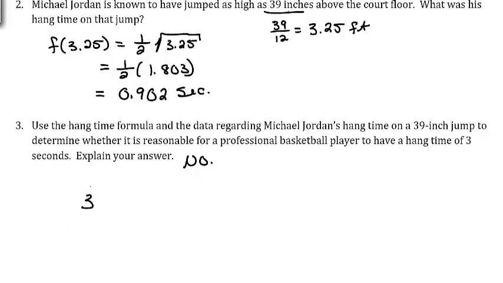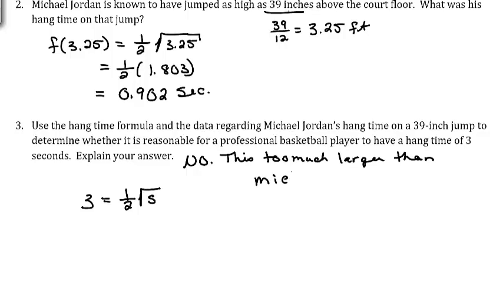So what would happen? This would mean that the left-hand side of our equation would be 3, and that would have to be equal to 1/2 times the square root of s, which is the distance that we jumped in feet. And so we can figure out how many feet this would be. For right now, I'm just going to say no, because this is much larger than Michael Jordan's.